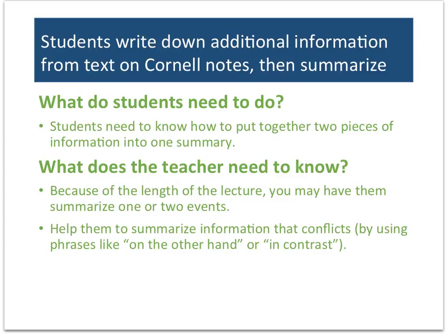So you want to help them summarize information that conflicts as well, because sometimes the textbook and the lecture don't really agree. So when they're summarizing the information, you should help them use words like on the other hand or in contrast to contrast the two different interpretations of a particular event.